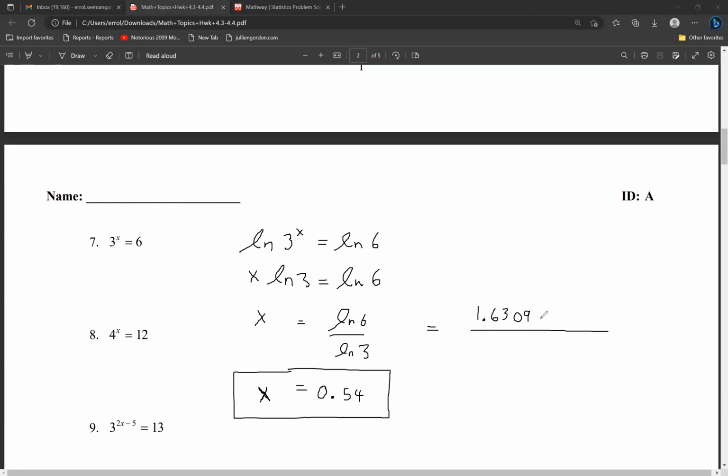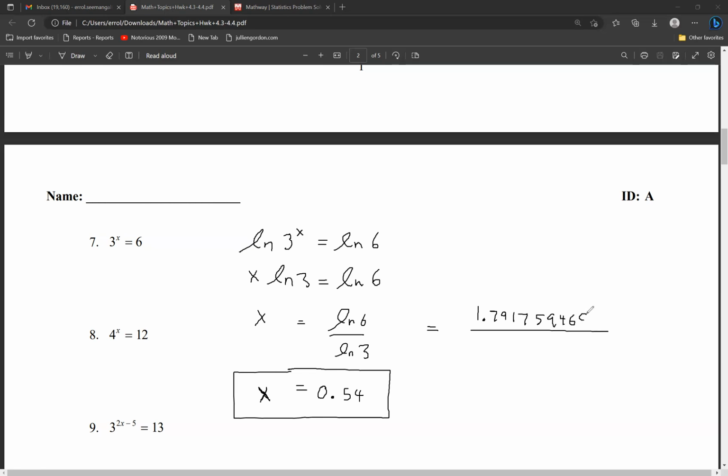Yeah, and take that answer and divide by ln 3. Tell me what ln 6 is. It's 1.791759469.